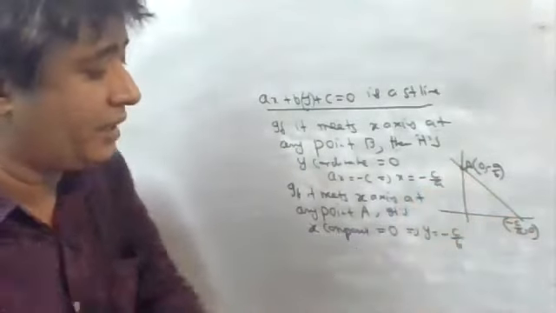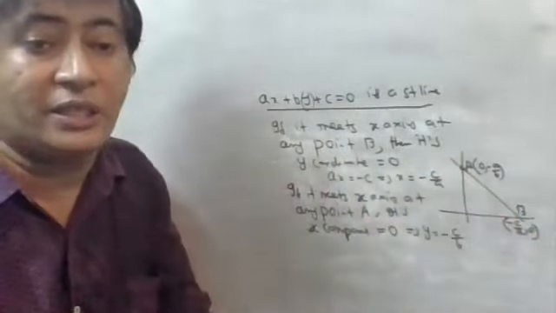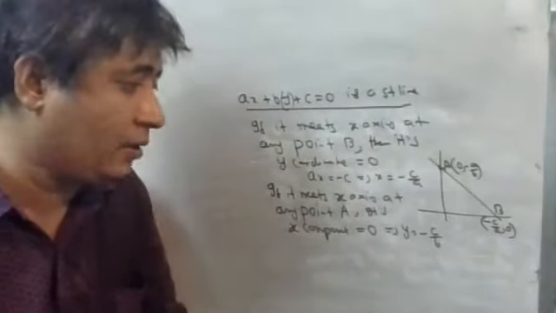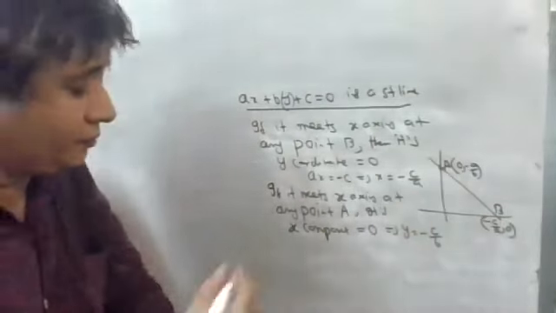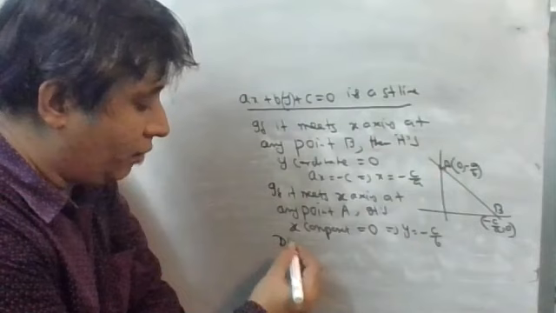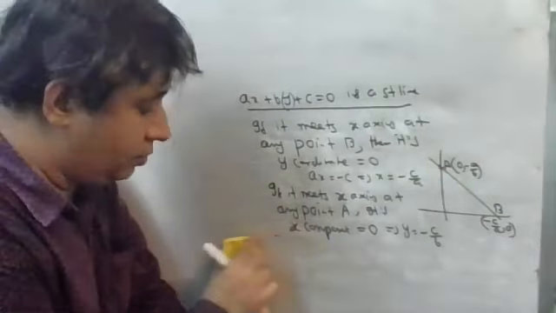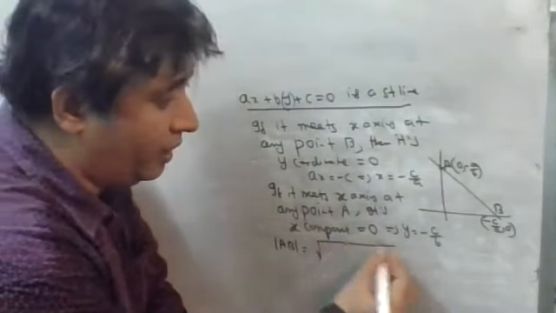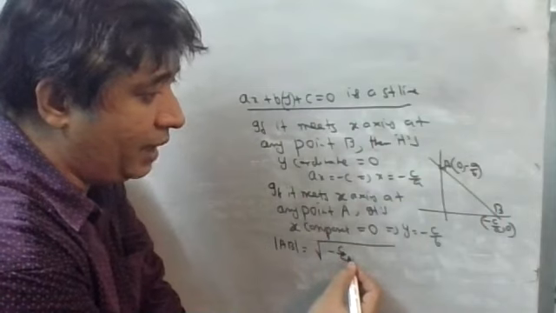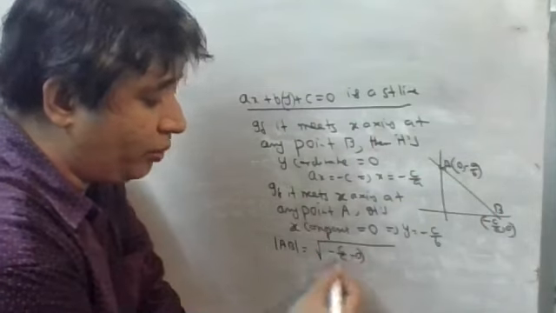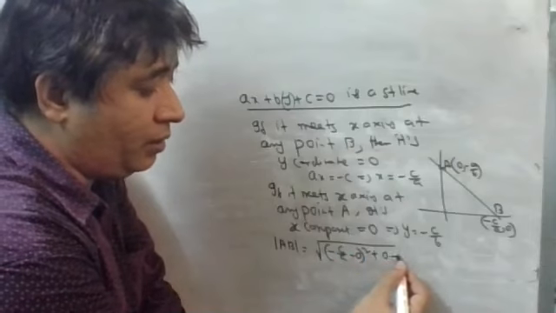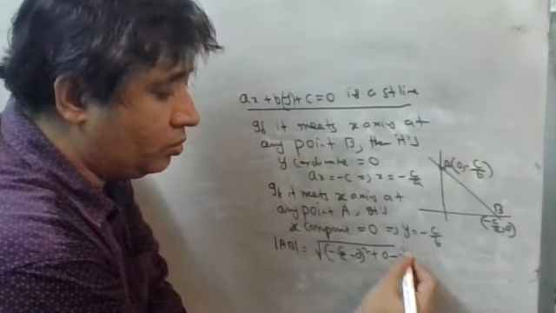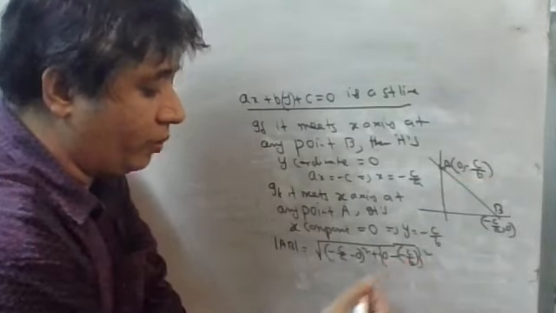Now you can get the distance of this point AB. You were taught the distance formula in your junior class, in 9 or in 10. What is the formula? The distance or magnitude AB will be root over minus c by a minus x2, whole square, plus y1 minus y2, whole square.